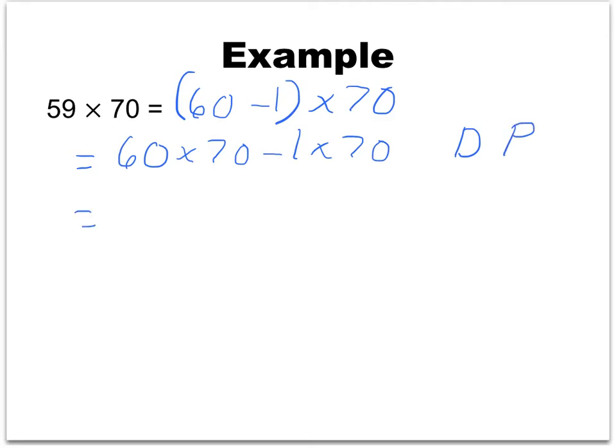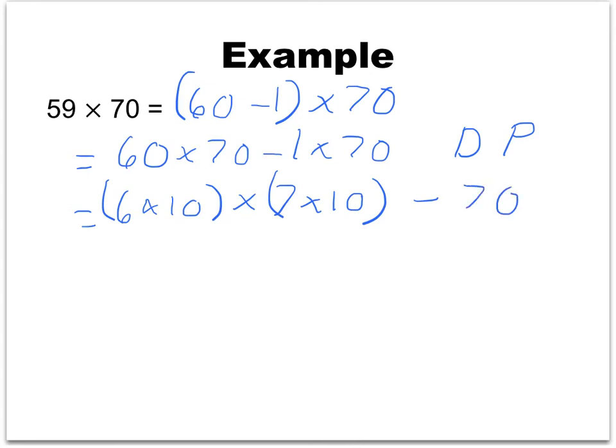Okay. Now, to multiply 60 by 70, let's write this. This is 6 times 10, and then times 7 times 10, and then minus 1 times 70, well, that's just 70. Okay. Now, in this first expression, let's rewrite terms and regroup.